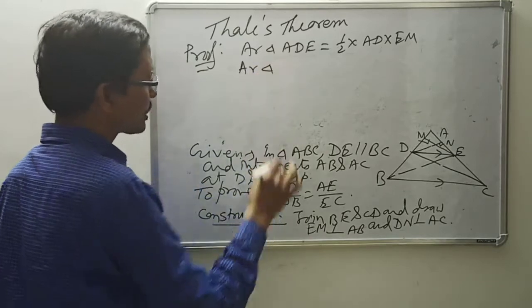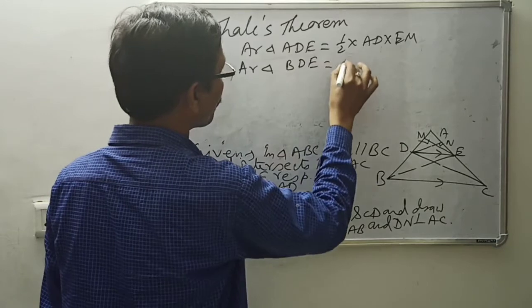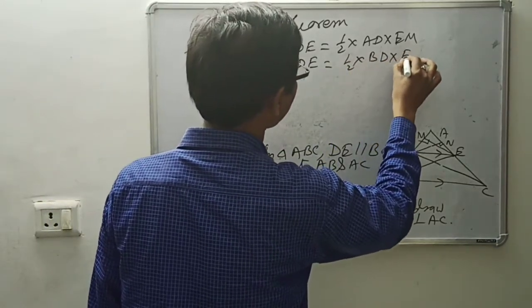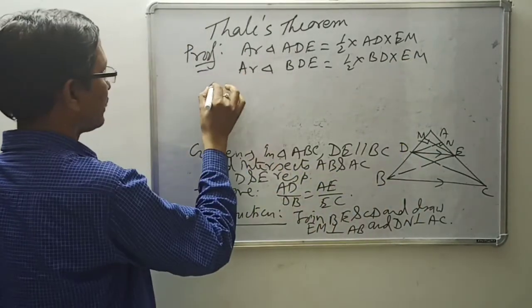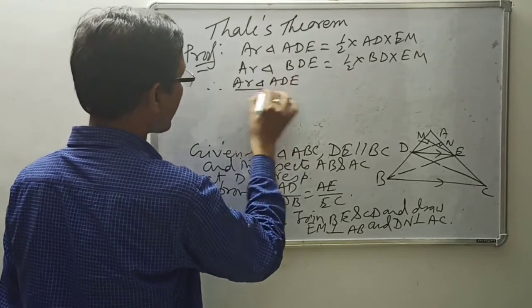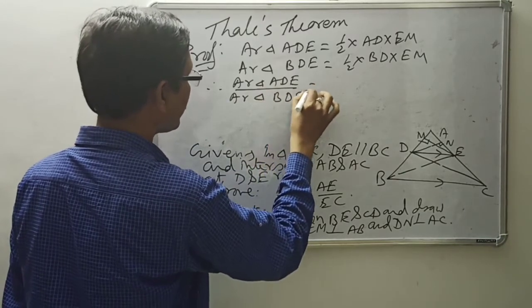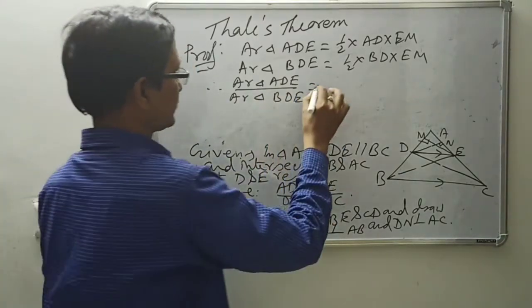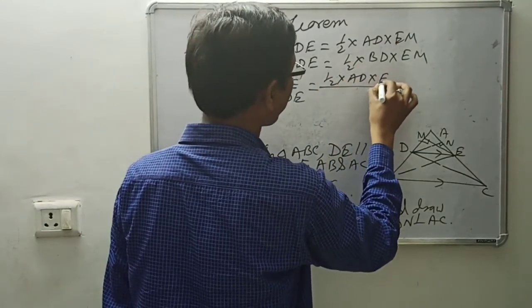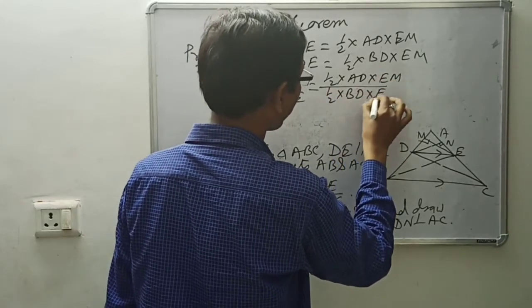Similarly, area of the triangle BDE, you get half into its base BD into EM. Then area of the triangle ADE by area of the triangle BDE equals, follow this, half into AD into EM by half into BD into EM.